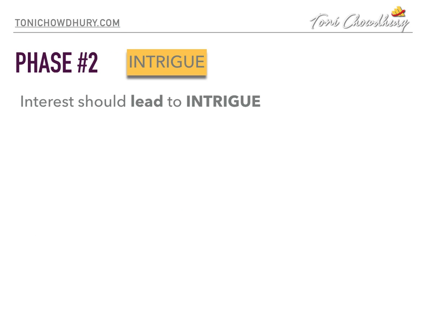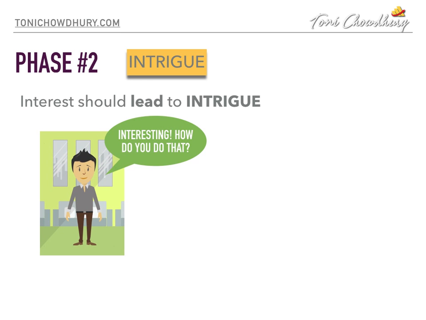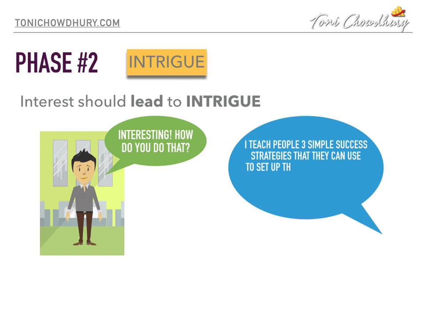Phase 2, intrigue. Interest should lead to intrigue, like we said. How? So, remember my audience or whoever I was talking to said, interesting, how do you do that? Well, I teach people 3 simple success strategies that they can use to set up their business, which means that they can get it off the ground in just a few months.